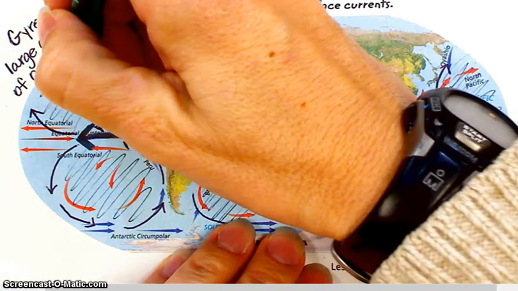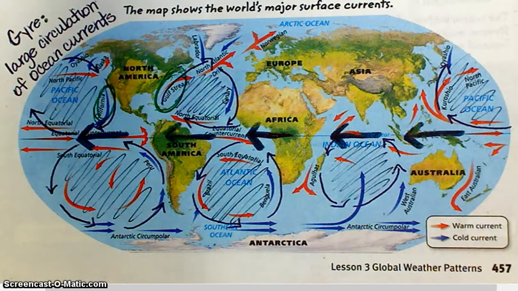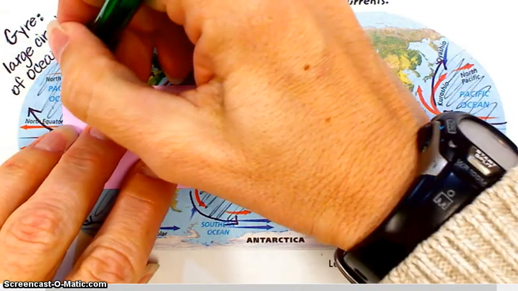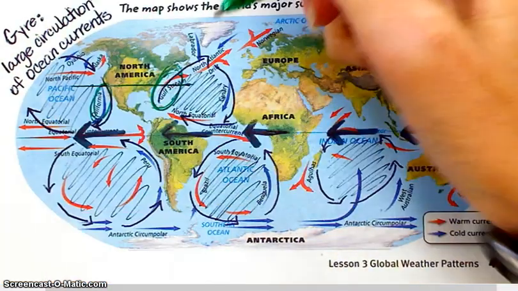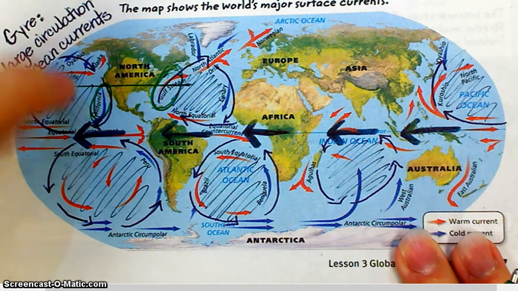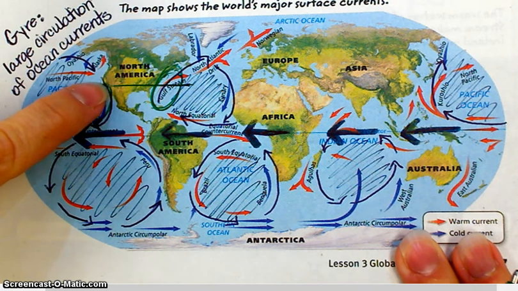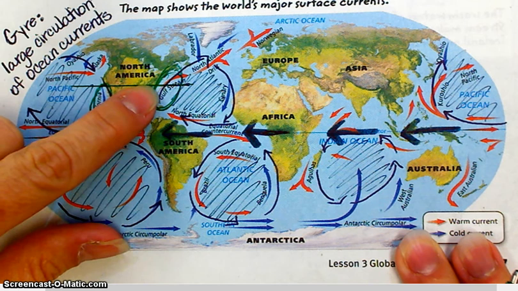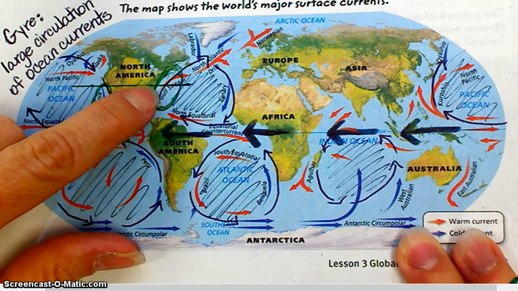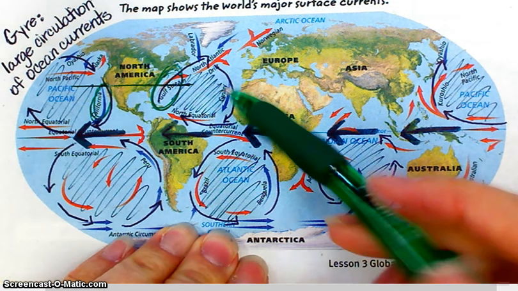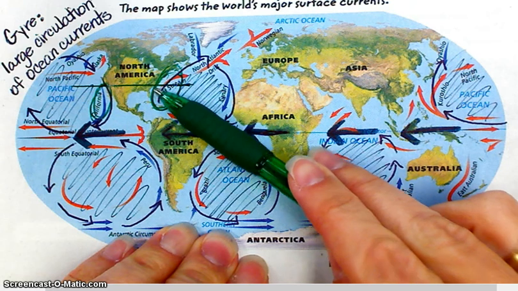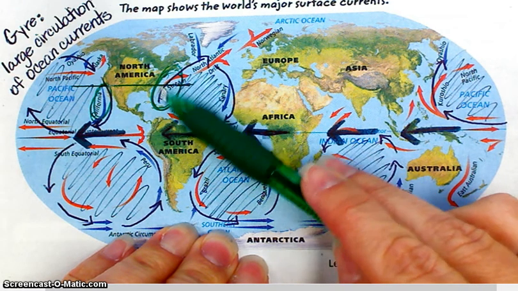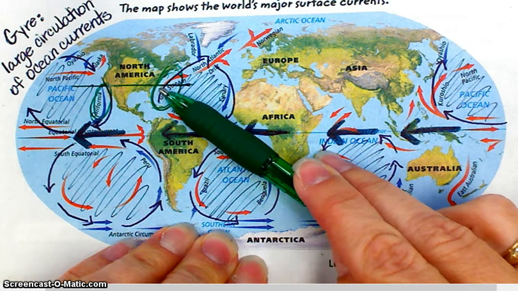For instance, if I took a certain latitude, let's just say this latitude right here, whatever that is, okay? If I took a location over here on the west coast, that latitude, versus a location over here on the east coast at the same latitude, the east coast location a lot of times is going to be warmer because it is influenced by this warm water current.